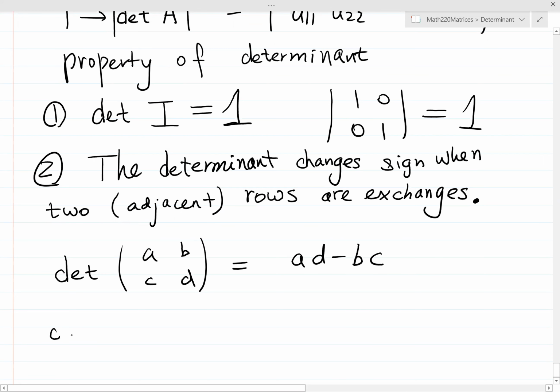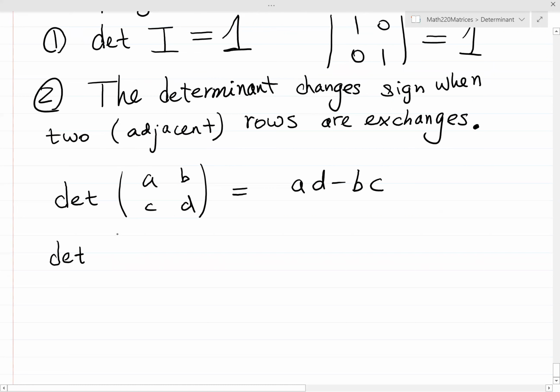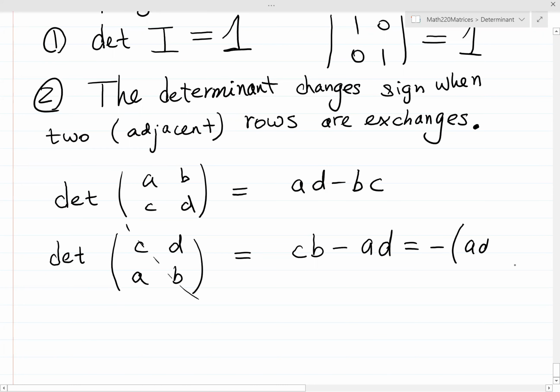Now if we switch the two rows, what you get is the matrix with rows (C, D) and (A, B). And its determinant is CB minus AD, which is negative of AD minus BC. So the sign differs by -1.